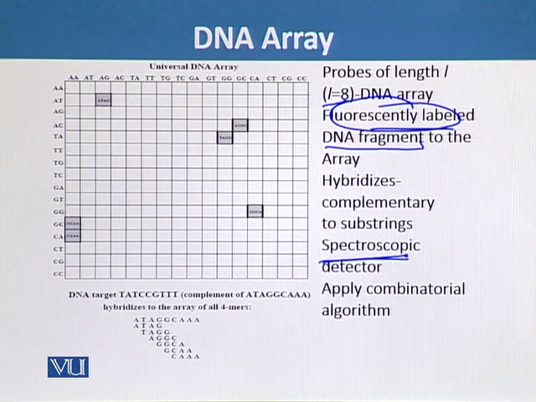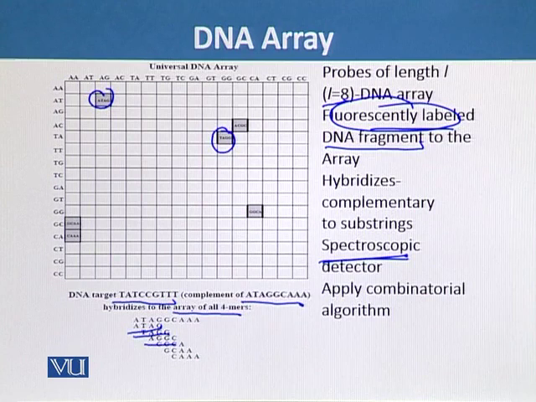Here we can see that if we have the DNA target, TA, CCGT, TTT, which is complementary to this sequence, and we hybridize it with the different arrays of all 4-mers, it will hybridize with either ATAG here, or with TAGG, AGGC, and so on.